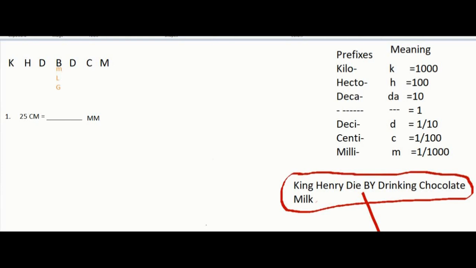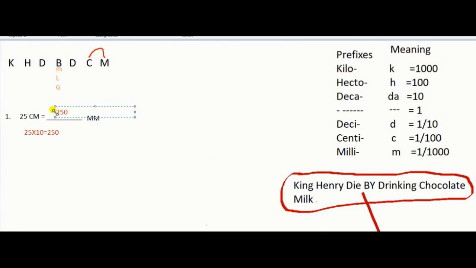Therefore, we must multiply or move to the right. So C represents centi, so we're going to move from C to M. So we're going to move one place to the right. Therefore, we can just add a 0 or multiply by 10. Therefore, we can say 25 times 10 equals 250. Therefore, our answer is 250.